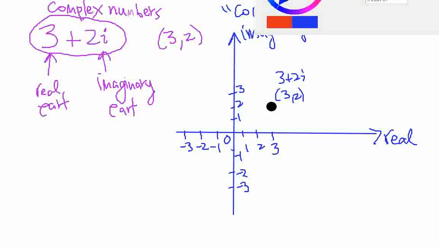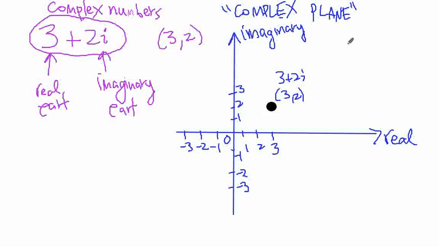All right? Let me give you some other numbers to try. Try to show me where minus 1 minus i is, 2 plus 3i, the number 1, and the number minus i. Maybe pause the video and try to put the dots in the complex plane for those 4 complex numbers.